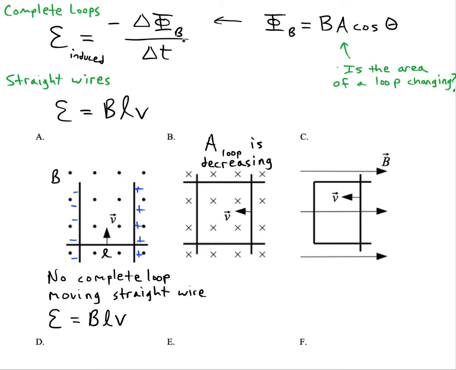According to the law above, this means that there will be an induced voltage. Positive charges will be pushed downward, negative charges will be pushed upward, and so that's going to make a current flow.